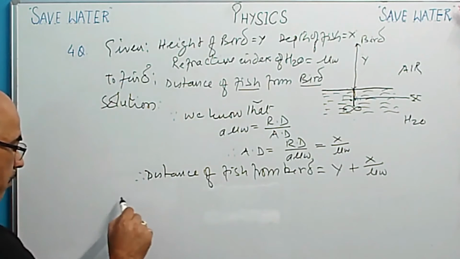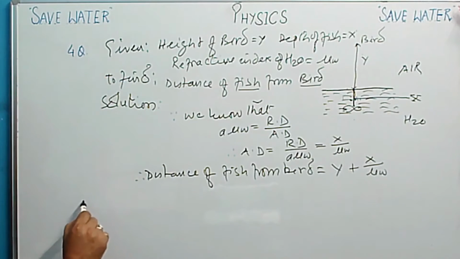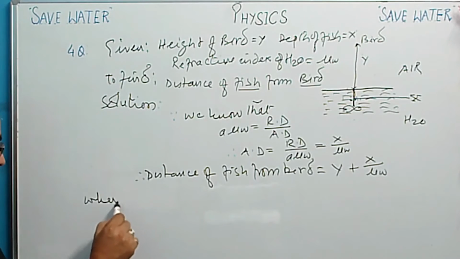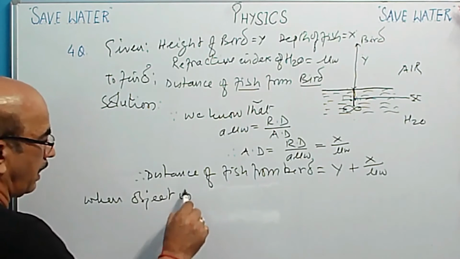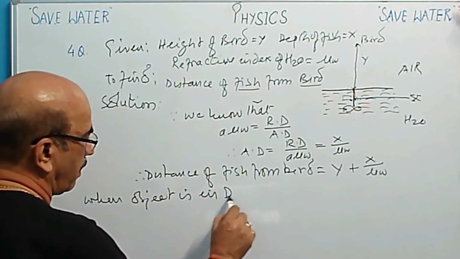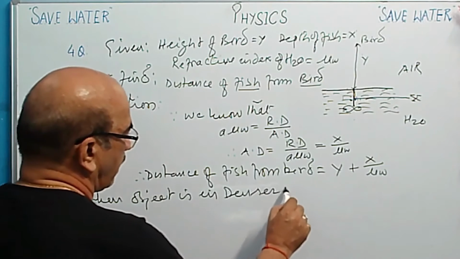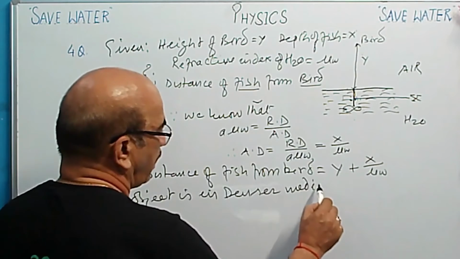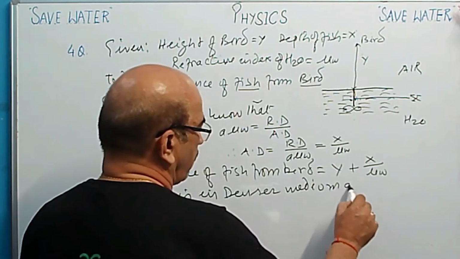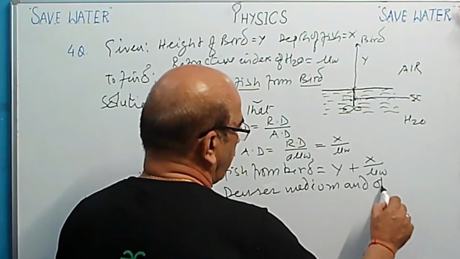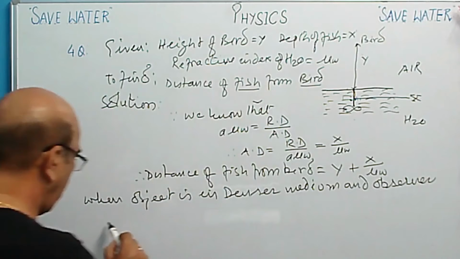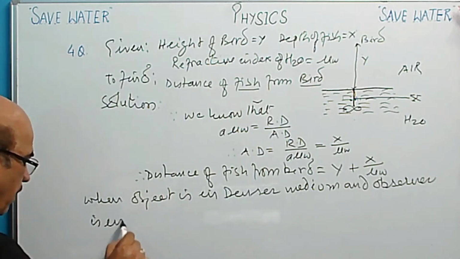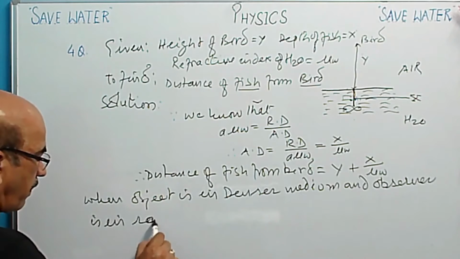Okay, so what will the formula be here? So this is when the object is in the denser medium and the observer is in the rarer medium.